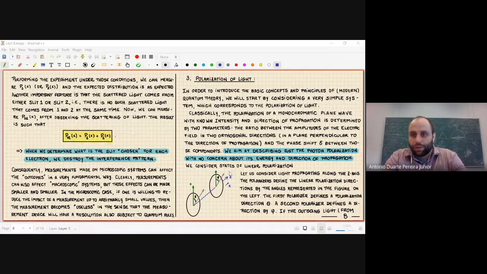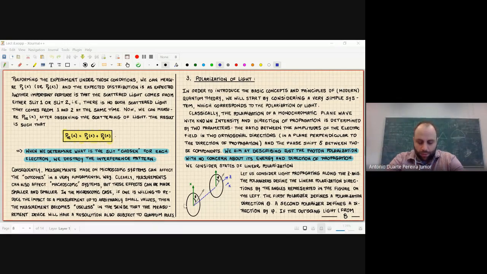Another outcome is the following. I place the first polarizer in the direction theta, and I rotate the second polarizer by 90 degrees, pi over 2, with respect to theta. So this polarizer has a direction orthogonal to the first one.